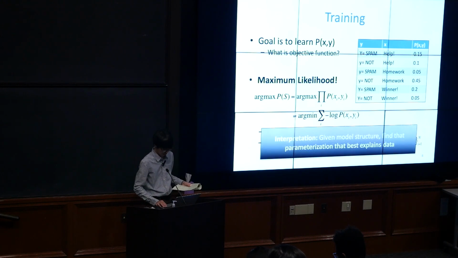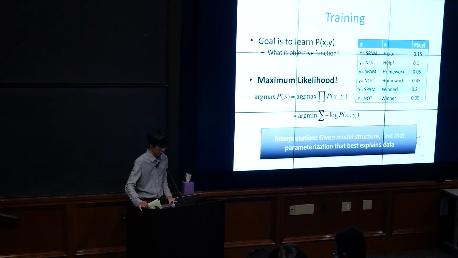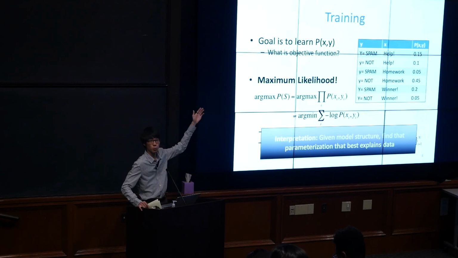So the interpretation of this, at a higher level: given some model structure, we're just finding the parameterization that best explains that data. It just happens that our model structure fully defines this joint distribution, which in our case we do by defining this lookup table.